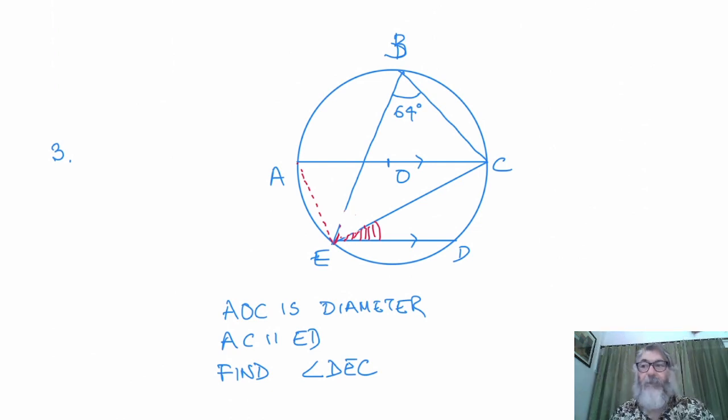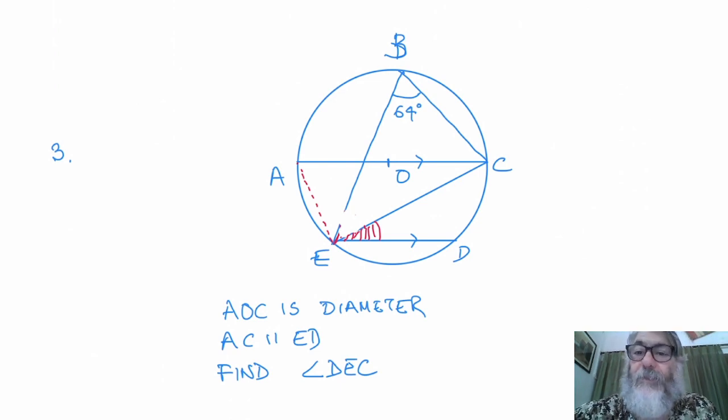Now just look at this figure and let us see what it is. In this figure, AC is the diameter with O as center. AC is parallel to ED. Angle EBC is given as 64.